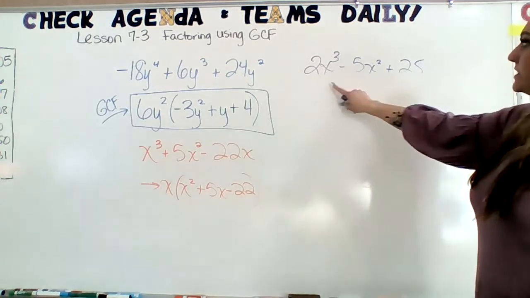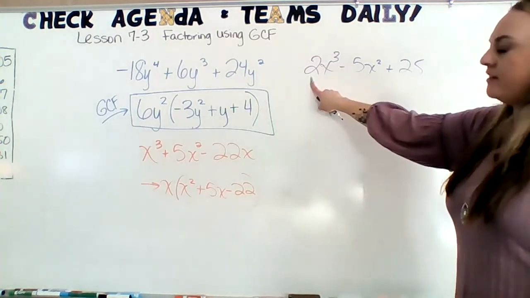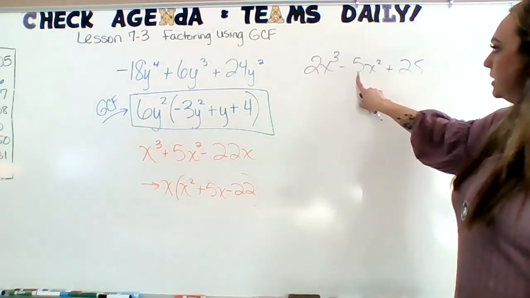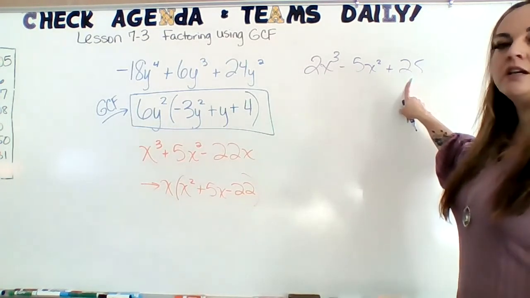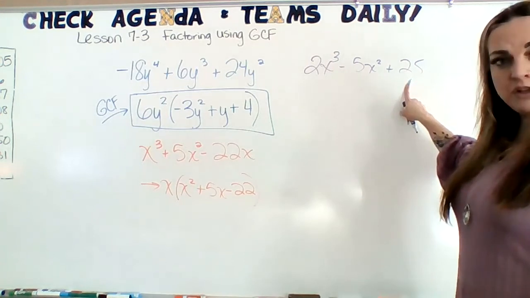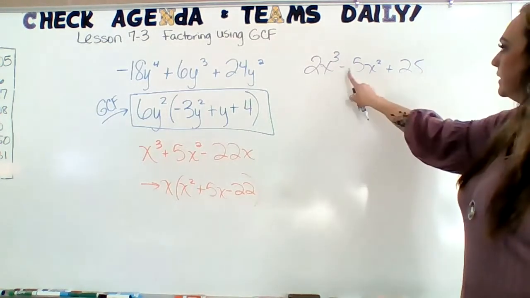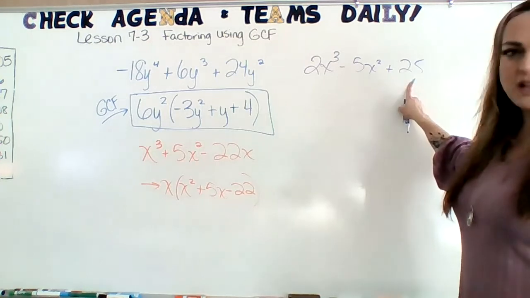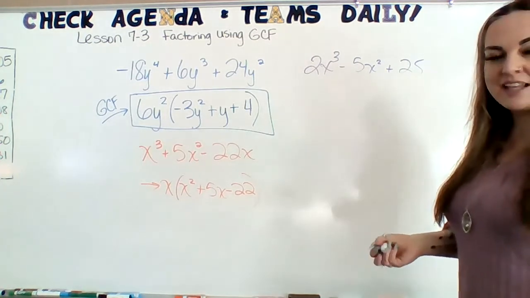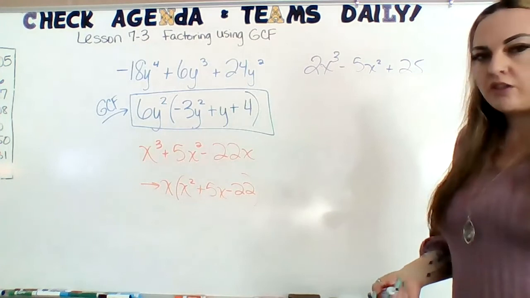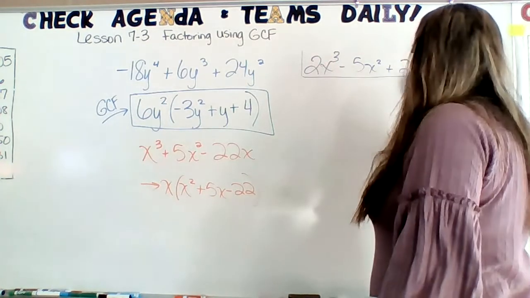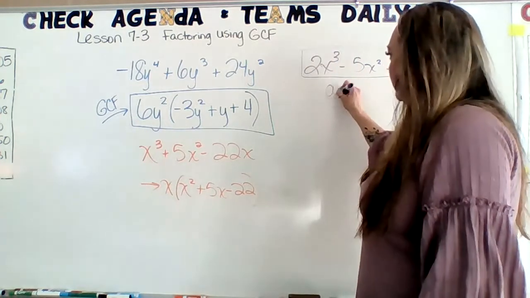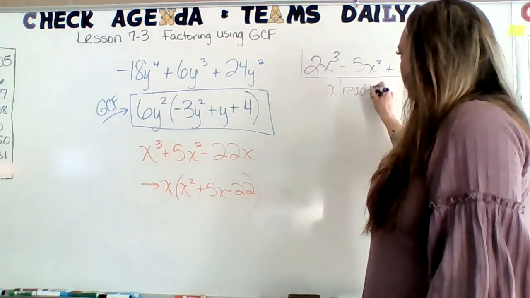Now, in this case, we don't have a greatest common factor other than 1 for 2, 5, and 25. We also don't have a greatest common factor in variables because these have x's and this one does not. So in this case, there's no greatest common factor other than 1 that we can pull out. So that means that this is already fully factored.